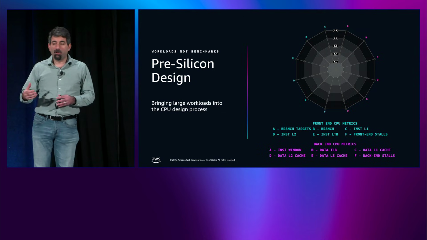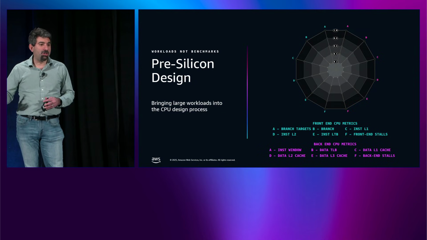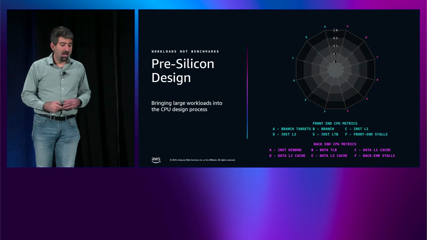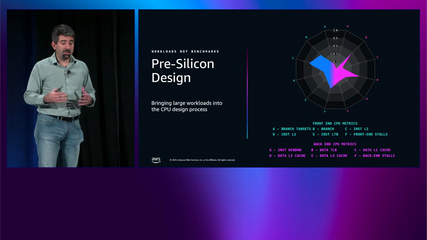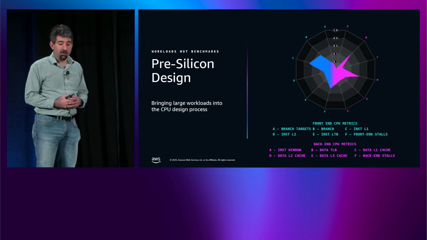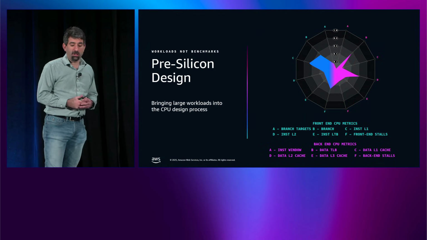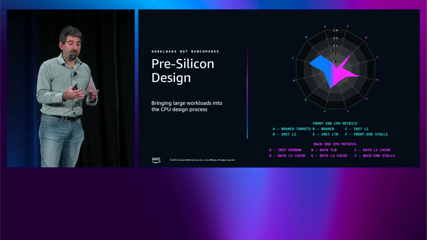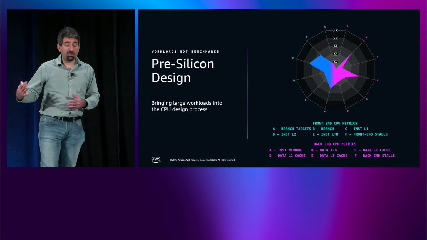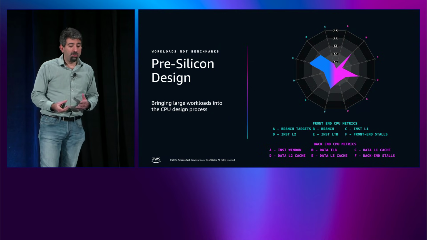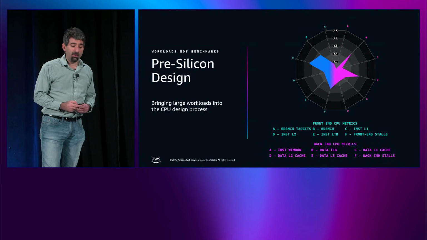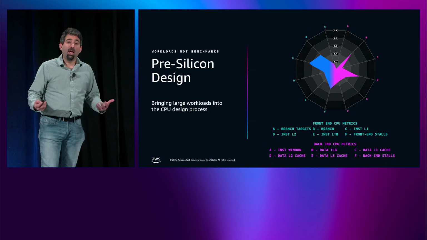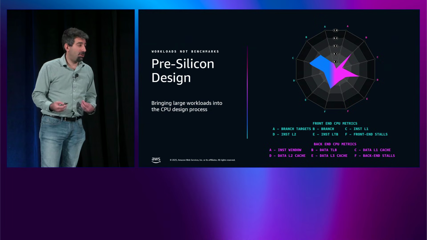And on the right-hand side are things on the back end, things like execution and data cache misses. And if we look at a workload, for example, this is MongoDB running on a Graviton 4, you can see there's lots of instruction misses. There's lots of branch prediction misses and front-end stalls. There's also lots of L2 misses. And so during the design process, we can take a workload like this, and we can ask ourselves, well, how is it going to perform as we're making decisions?